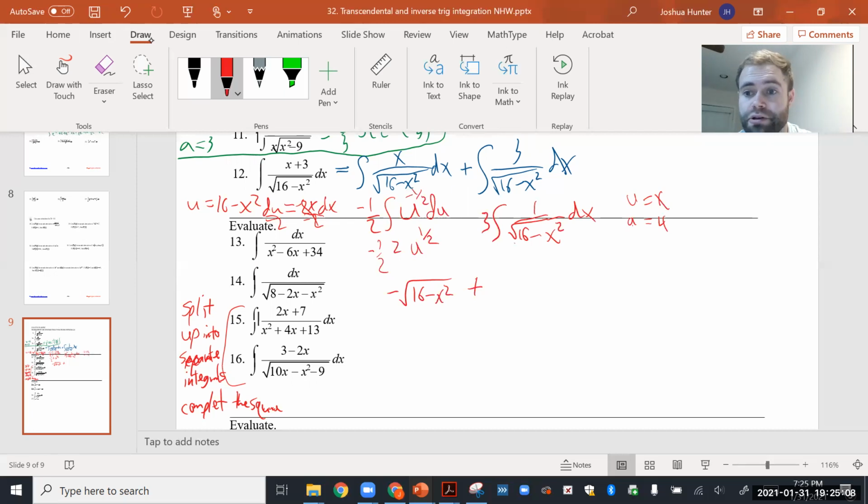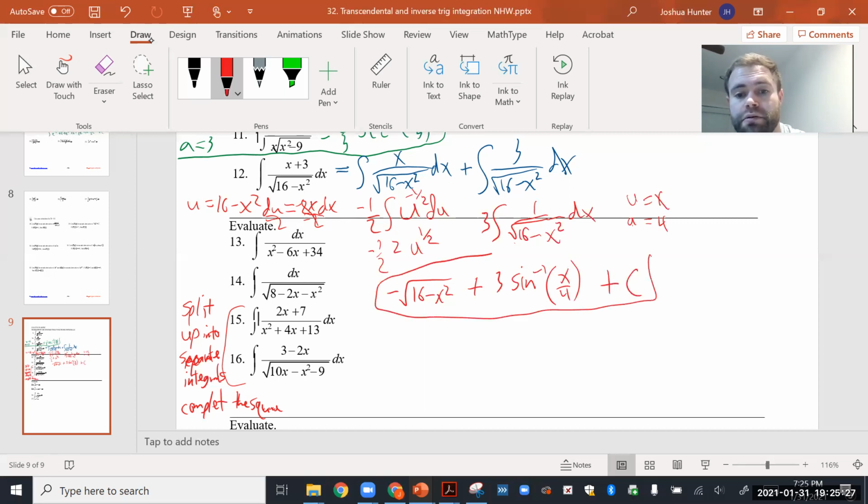But in inverse sine, there's no 1 over a in front. That's inverse tangent and inverse secant. So no 1 over a in front, so this will just be plus 3 sine inverse of x over 4, and then plus C. And so that's how we get number 12.